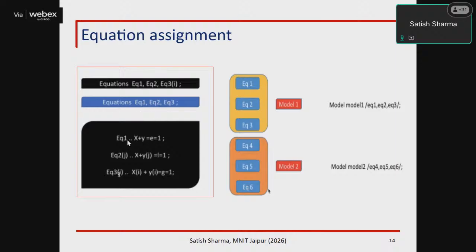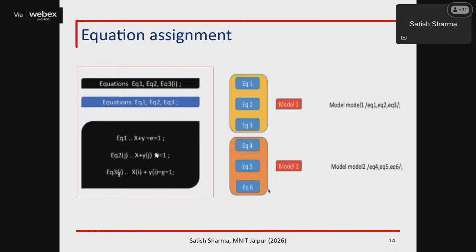Then this is how I'm going to write the equations. I have declared an equation eq1. So eq1 then double dot is the syntax of writing an equation. Then I will write x plus y, and then E means equals to.